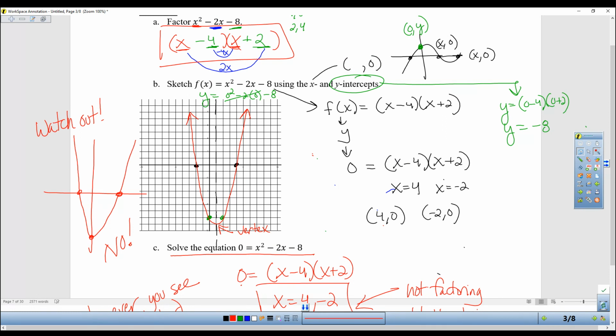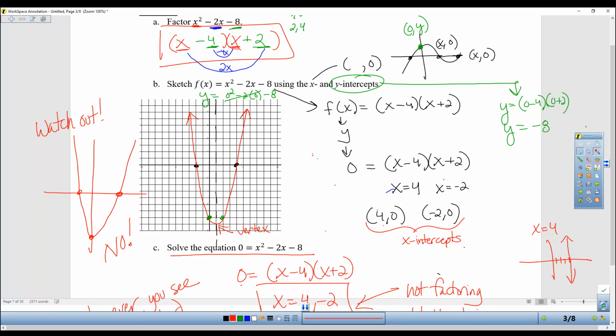If I asked for x-intercepts, these are x-intercepts. Notice that they're written as ordered pairs. If I said find the x-intercepts and you just wrote x is equal to 4 and -2, that would be wrong. X is equal to 4 is a vertical line at 4 when you're talking about graphs. So be careful that you're keeping these three things straight.